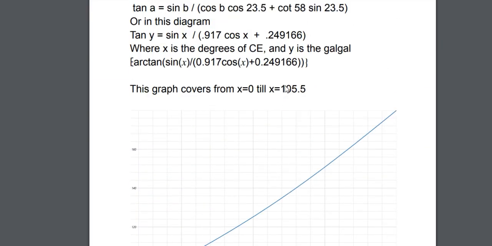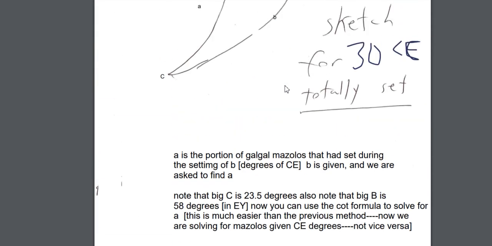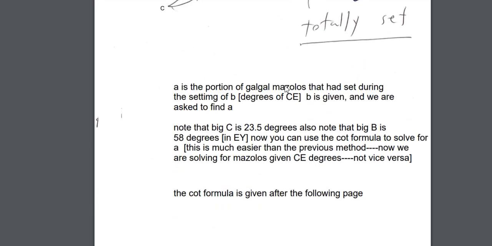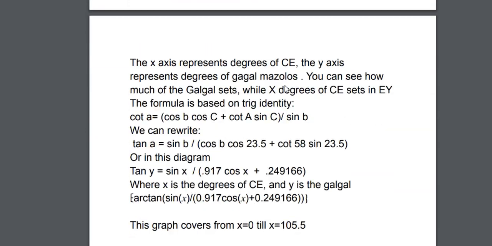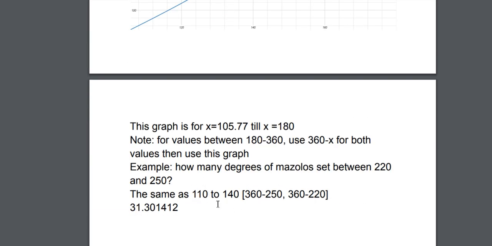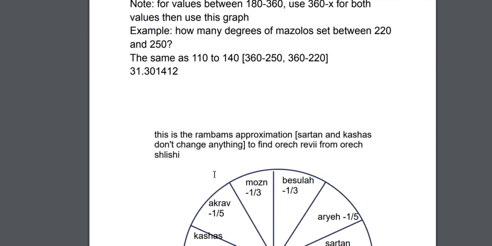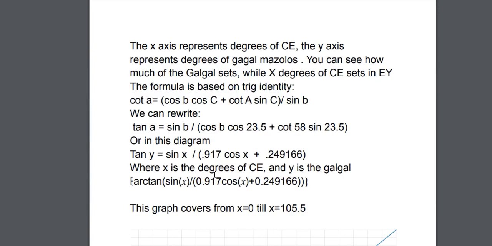I can send you all these graphs, and you see this is the very general graph, and this is the formula I use to make the graphs. You can see it here. It's the cotangent formula, I call it. I put it down here. This is the formula that I used, and then for the second graph I added 180 plus.